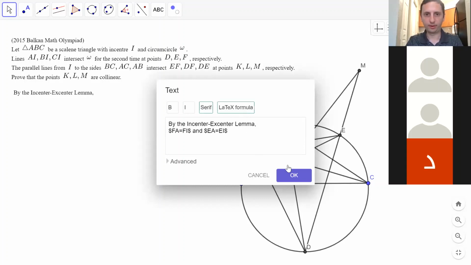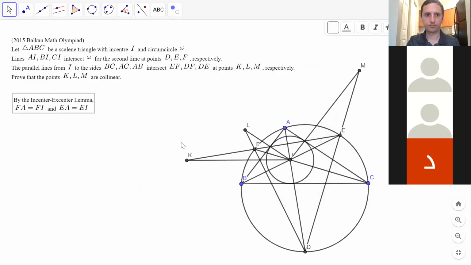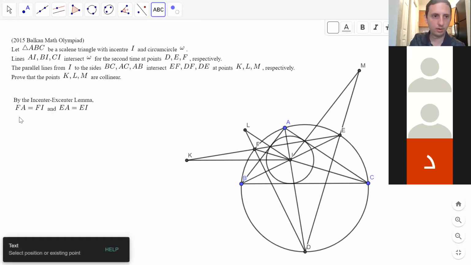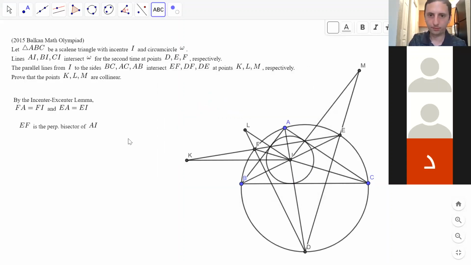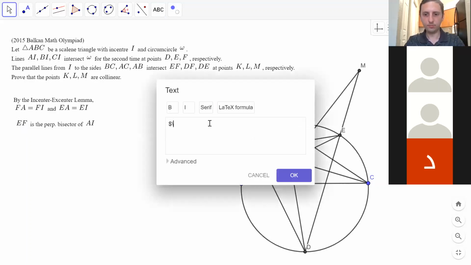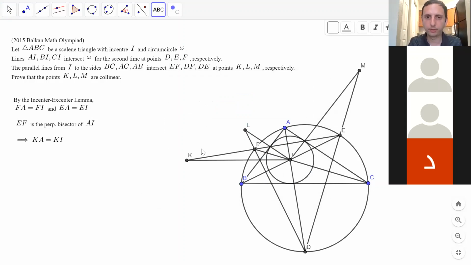So that means that EF is the perpendicular bisector of AI. And so KA is equal to KI. And then we can do the angle chase.